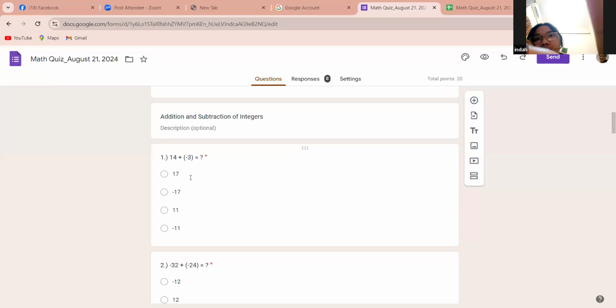Okay. What should be our answer for this one? 14 plus negative 3. What will be our answer? Is it 17, negative 17, 11, or negative 11? 11. Okay, so we will see if Inda is correct.